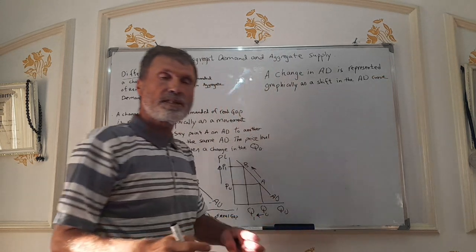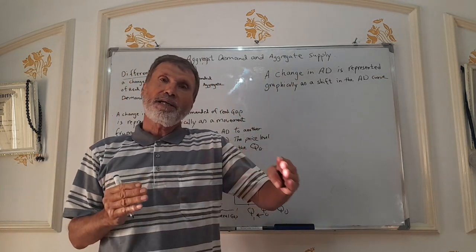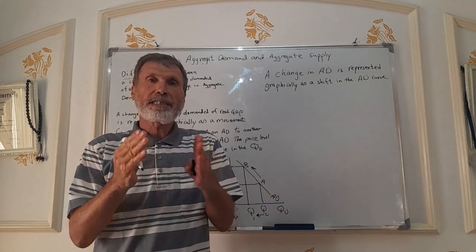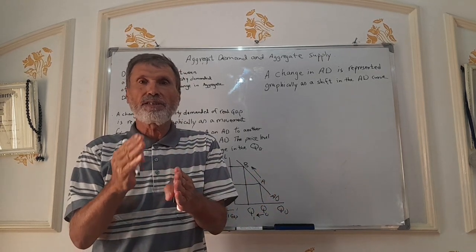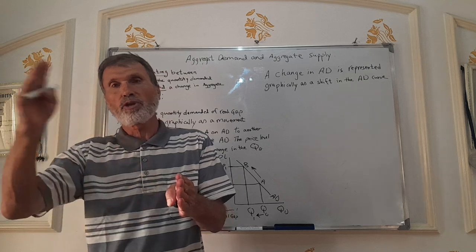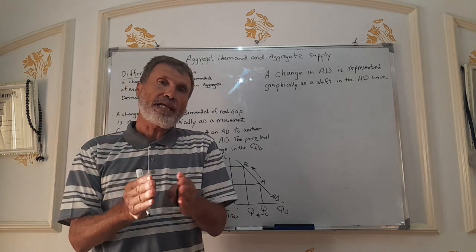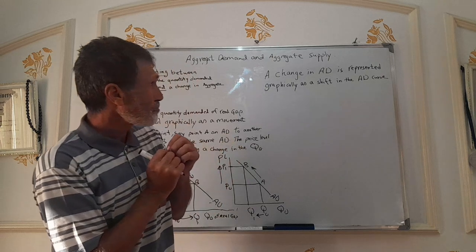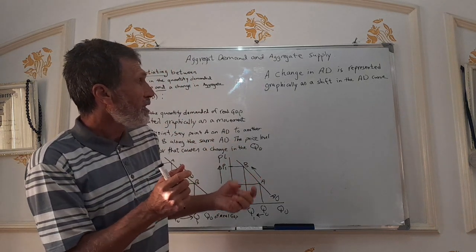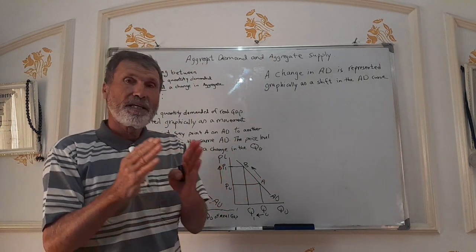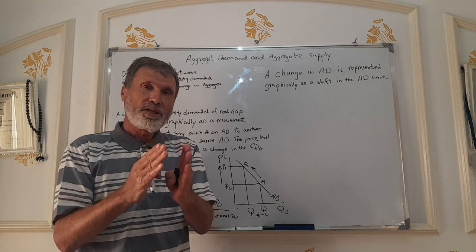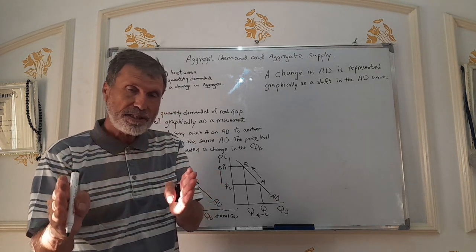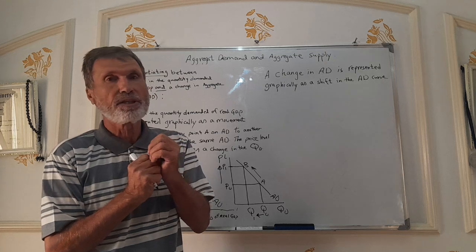A shift means an increase or a decrease in the aggregate demand curve. An increase means the aggregate demand would shift to the right. A decrease means it would shift to the left. So here, when the aggregate demand changes, the quantity demanded changes, even though the price level did not change.